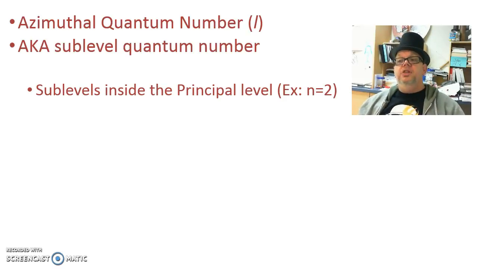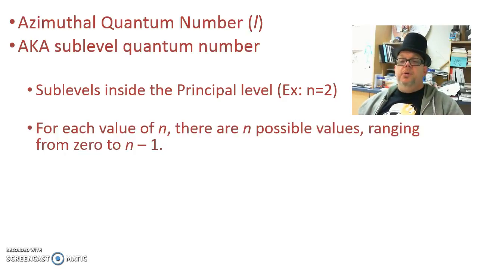Now, take the principal level n equals 2 as an example. For each value of n, there are n possible values of L, ranging from 0 to n minus 1. So if we look at n equals 2, it ranges from 0 to 2 minus 1. So for level 2, you're either going to have an L number of 0 or 1.